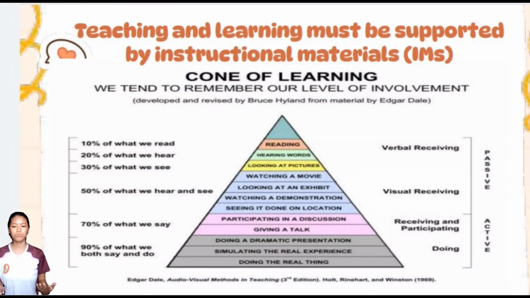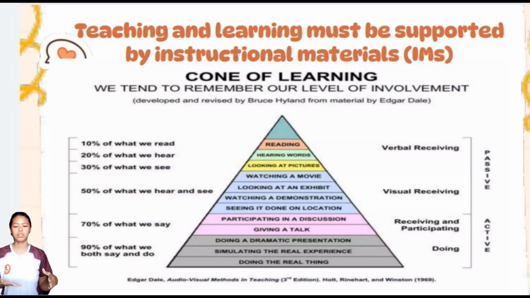So now, let's move on to the teaching and learning that must be supported by instructional materials, or IMs, and the cone of learning. So the first, as you can see, the 90%, the definition of that is what we both see, say, and do. So the 70% is what we say.